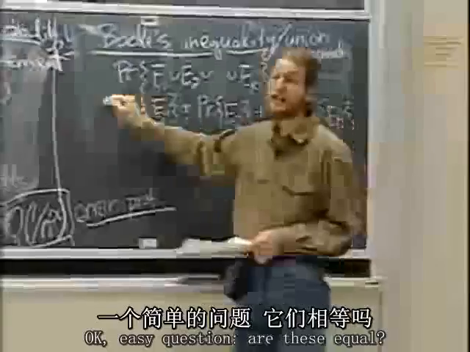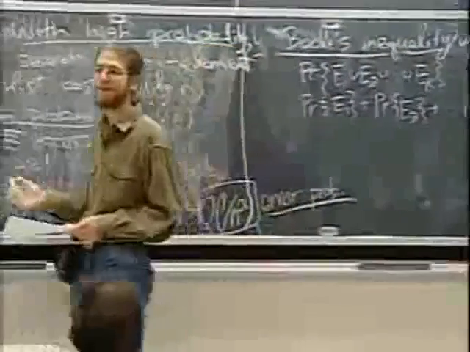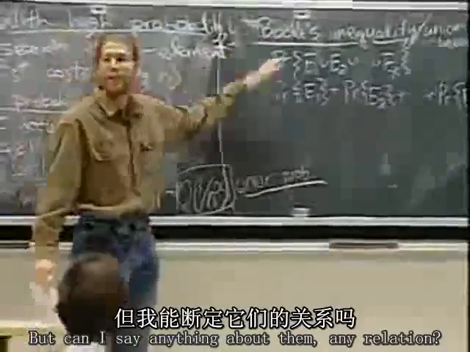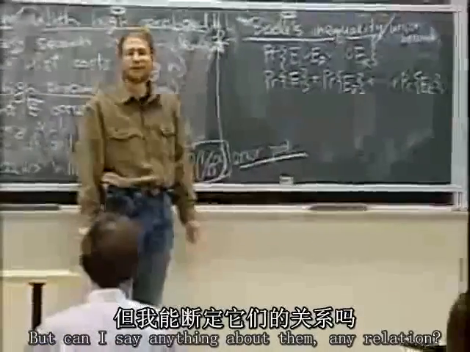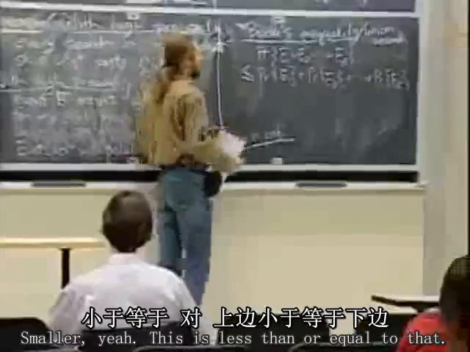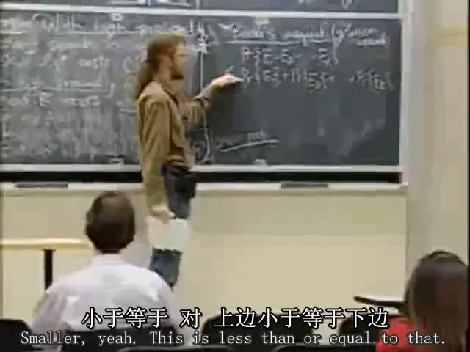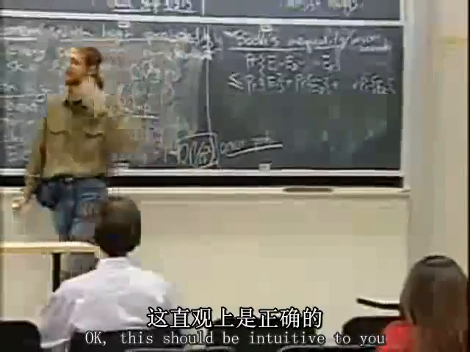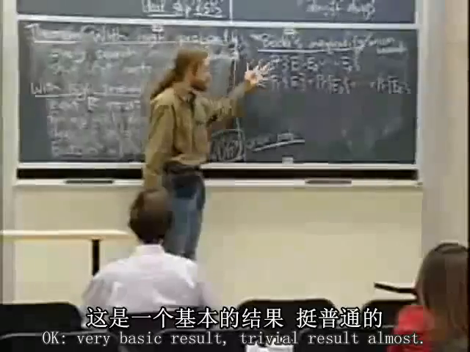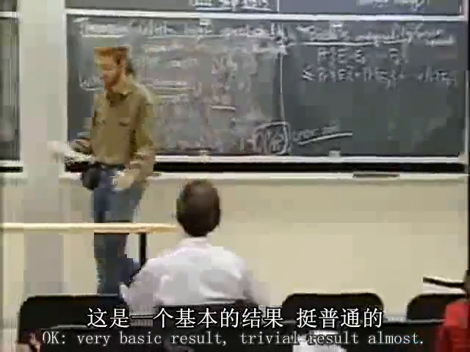Are these equal? No, unless they're independent. But can I say anything about them? Any relation? Smaller. Yeah. This is less than or equal to that. This should be intuitive to you from a probability point of view. You can look at the textbook. Very basic result, trivial almost.